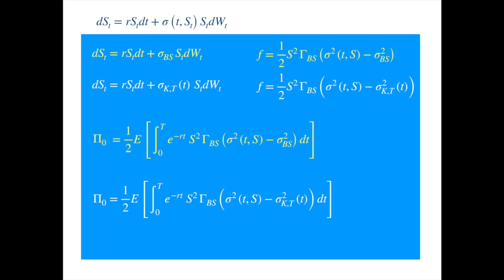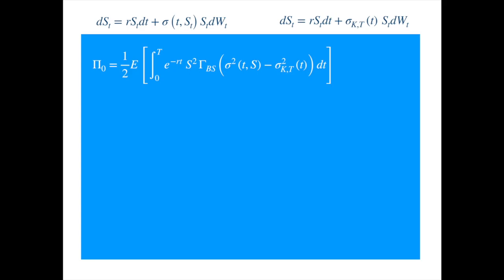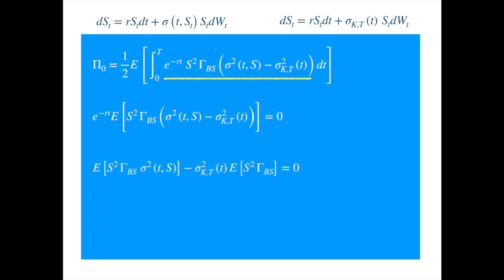Now, as the Black Scholes volatility varies with time, we have more control and we demand that the expected value of this P&L be 0 for each time slice, where we got rid of 1 divided by 2 as before. We can get rid of the discounting factor and then replace expectation of sum by the sum of expectations to get.